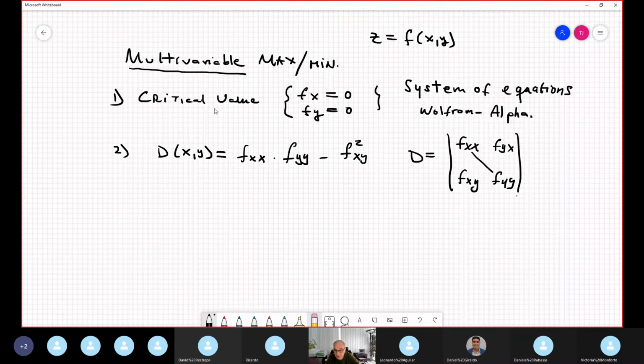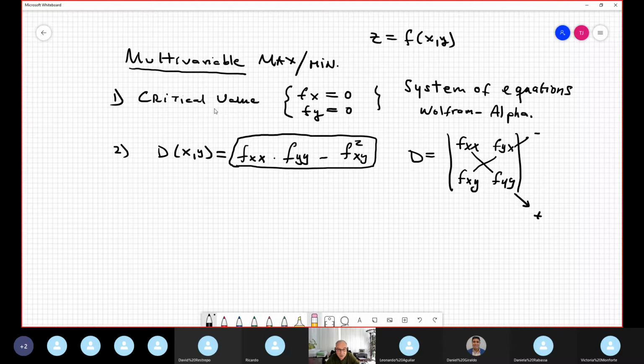You multiply this and this, positive, and this and this, negative, and you get exactly the same answer. This helps me remember that it's the combination of all the second derivatives of the function.